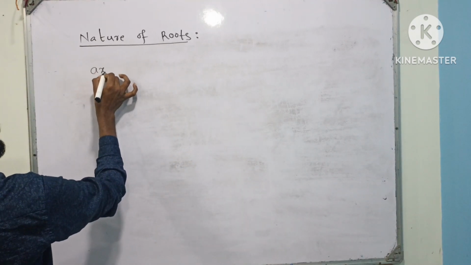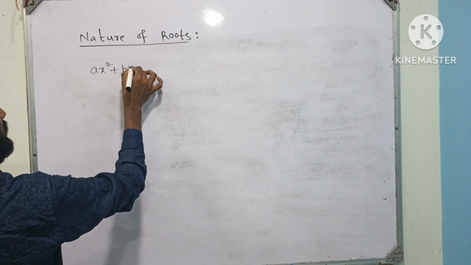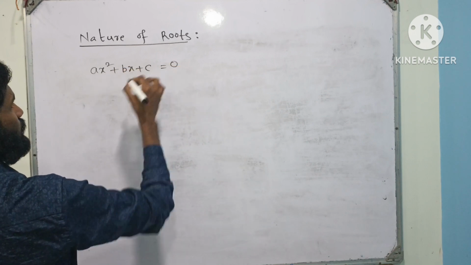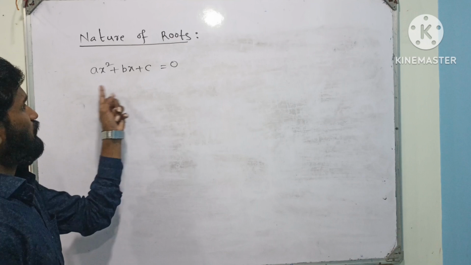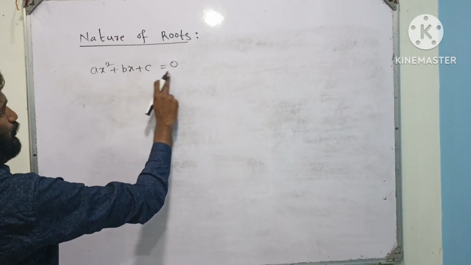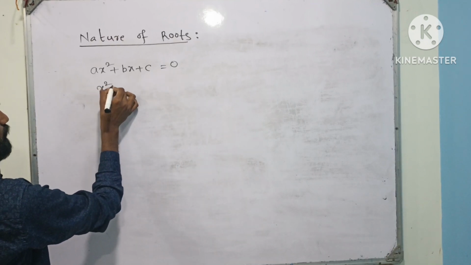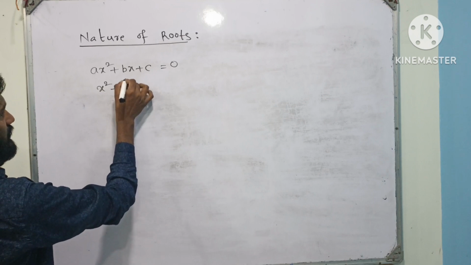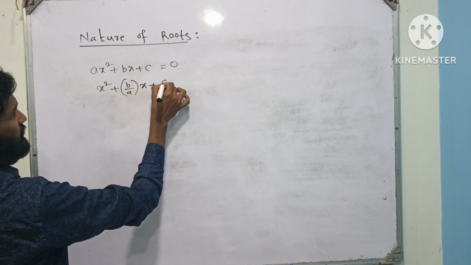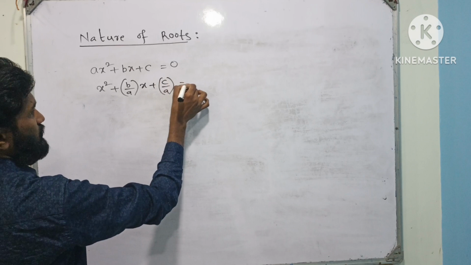If ax square plus bx plus c is equal to 0, now divide both sides by a. What you will get? x square plus b by a into x plus c by a, which is equal to 0.